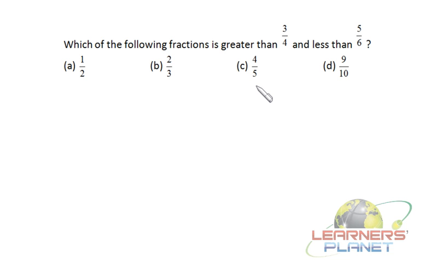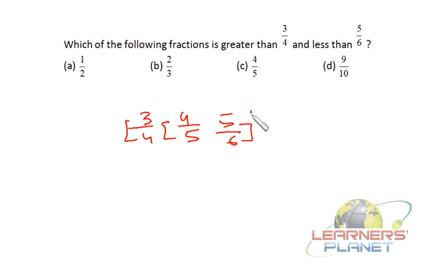So 4 by 3 will be greater than 3 by 4 definitely, and definitely 4 by 5 will be less than 5 by 6. So 3 by 4, 4 by 5, 5 by 6. In all three cases, the difference between numerator and denominator is 1. So the fraction which has the higher numerator will be higher.